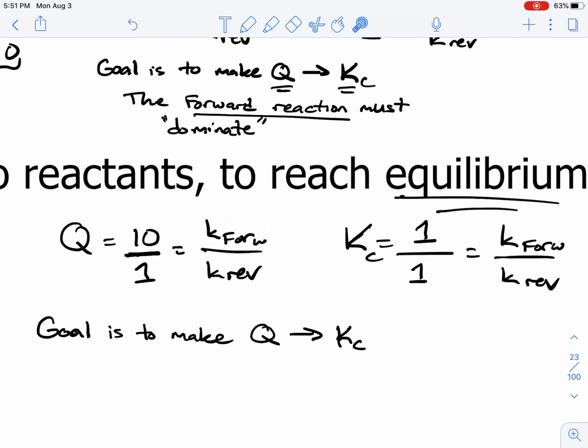And so how can we make 10 over 1 equal to 1 over 1? Okay.